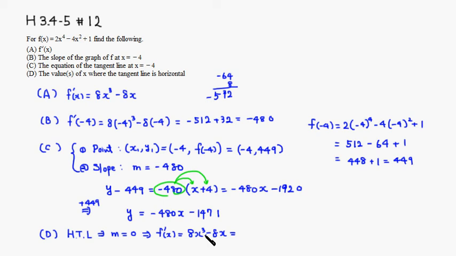We can factor this: 8x is in common. If you factor 8x from here, you have x squared, and 8x from here, negative 1. We can factor this out too, so you have 8x, and we can write x squared minus 1 as quantity x plus 1 times x minus 1. If you set that equal to 0, you see that x is either 0, negative 1, or plus 1. So let's type it in.